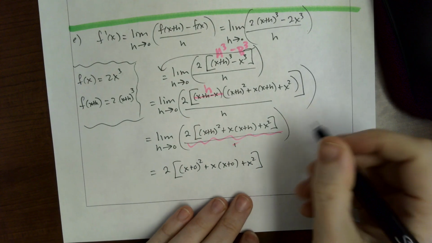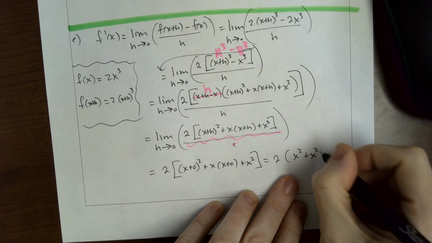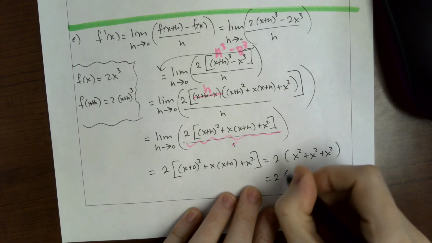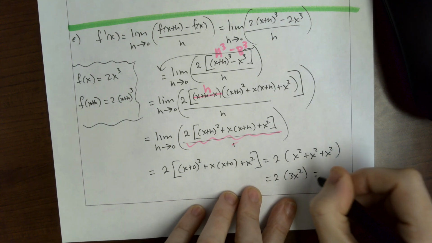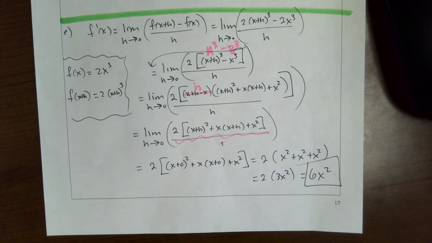Okay, and this ends up being 2 times x squared plus x squared plus x squared. This is 2 times 3x squared. This is 6x squared.